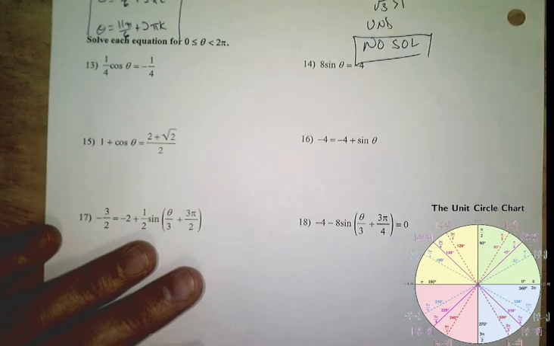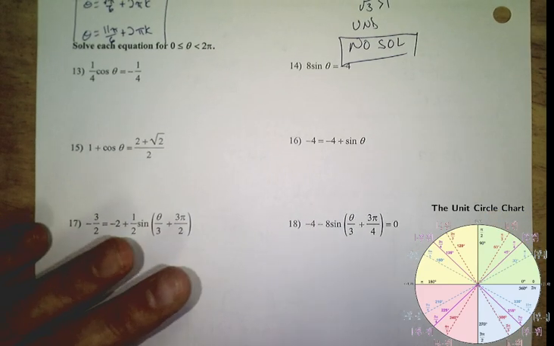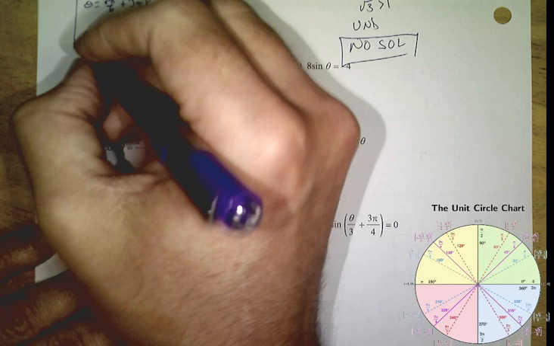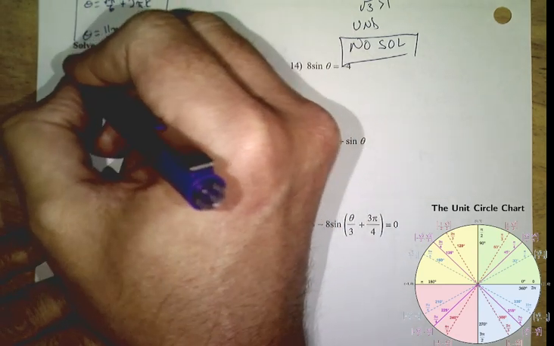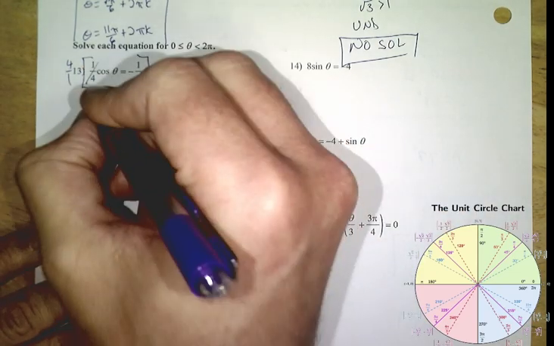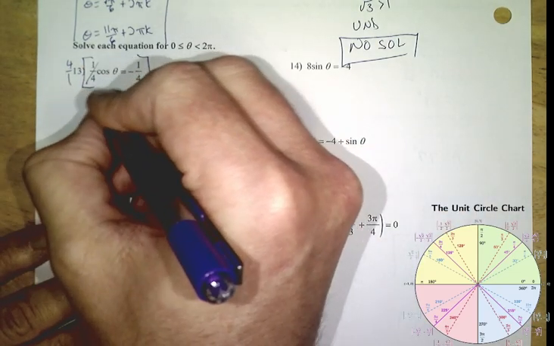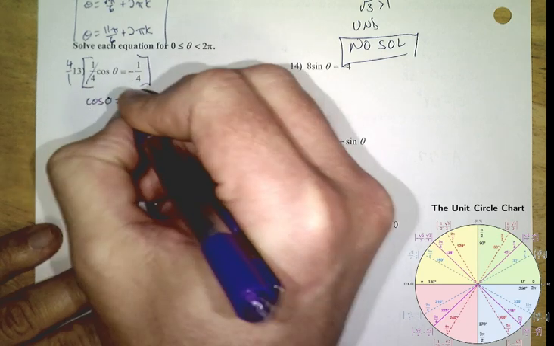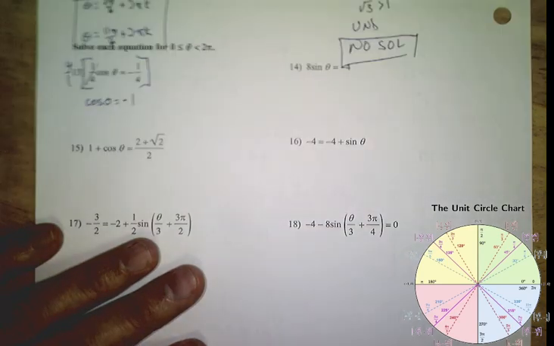Number 13. It's a slightly more complicated one. Not much though. We're going to multiply both sides by the reciprocal here, 4 over 1. So that would cancel out that, and that gives us cosine of theta is equal to -1.